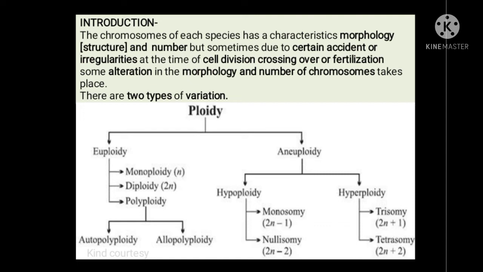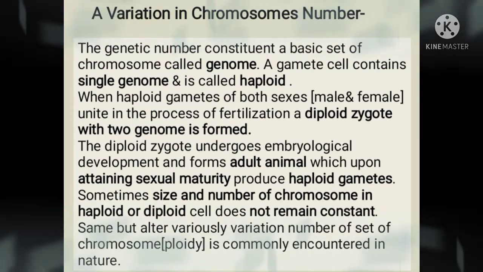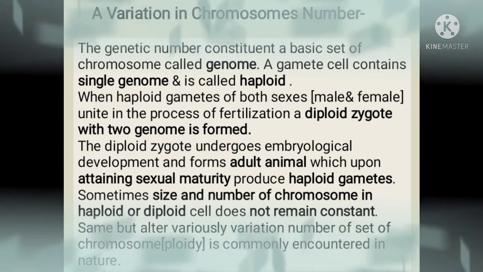While the aneuploidy is further divided into two parts, that is hypoploidy and hyperploidy. Under hypoploidy, it is further divided into monosomy and nullisomy, while hyperploidy is divided into trisomy and tetrasomy.